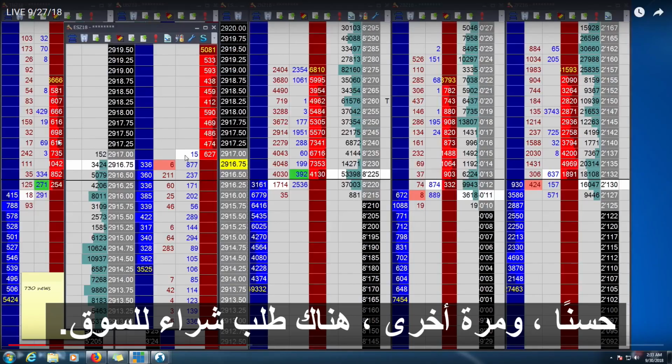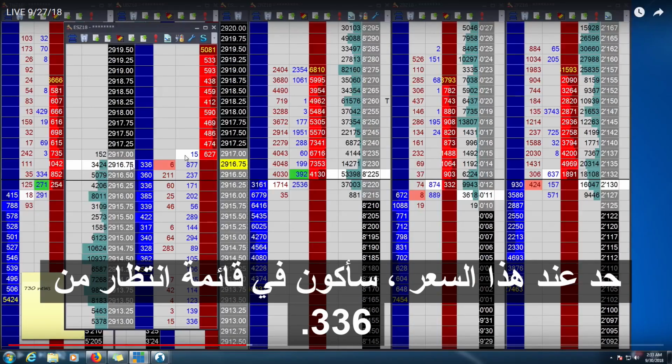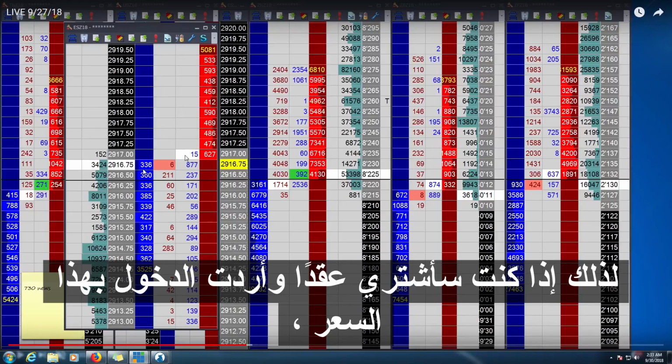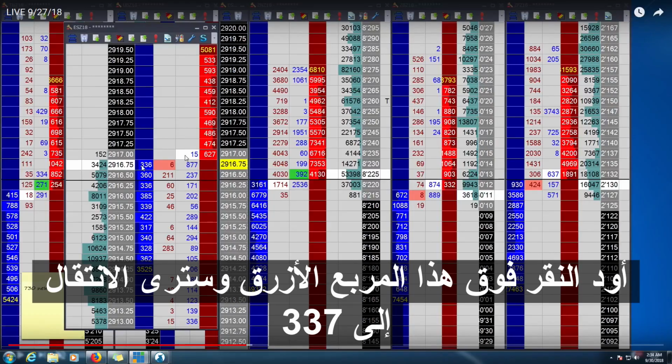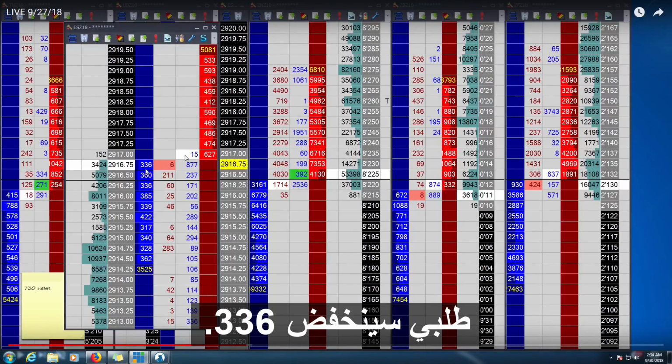And again, a market order is buying the market now. You can either limit in or you can market in. If I was to limit in at this price, I would be in a queue of 336. If I was to buy one contract and I wanted to get in at this price, I would click on this blue box and you would see it go to 337. If I decided I didn't want to be in the trade anymore, I could cancel my order and it would go down to 336.